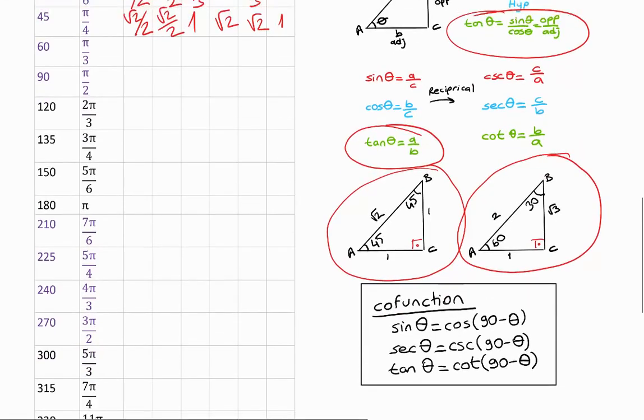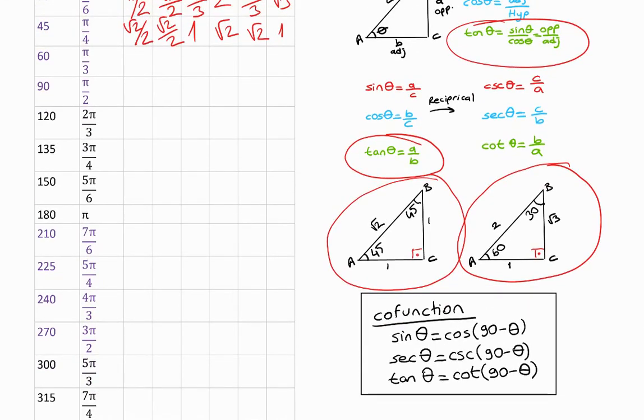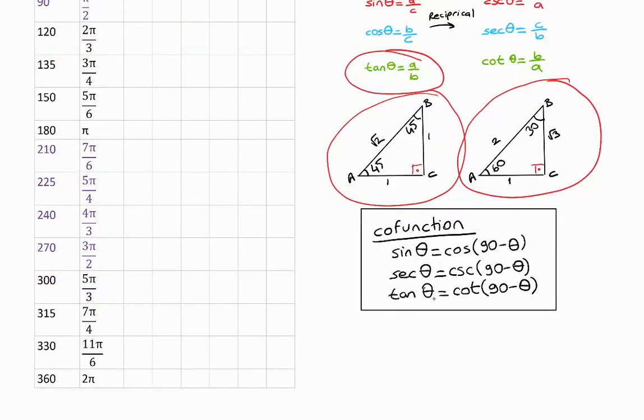And let me tell you a little bit about cofunctions. So let's say sine 30 is equal to cosine 60 degrees, because when you add them, you will get 90. And we can use this cofunction, but we don't actually need it.